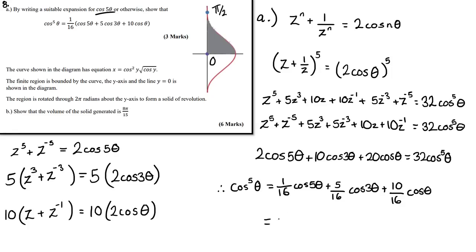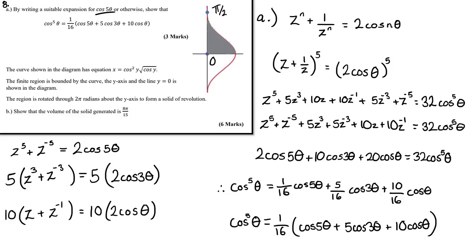So factoring the 1 over 16 out, we get 1 over 16 of cos 5 theta, plus 5 cos 3 theta, and then finally plus 10 cos theta. And there we have it. So that's the result we needed to show there for part A. So that's cos to the power of 5 theta.